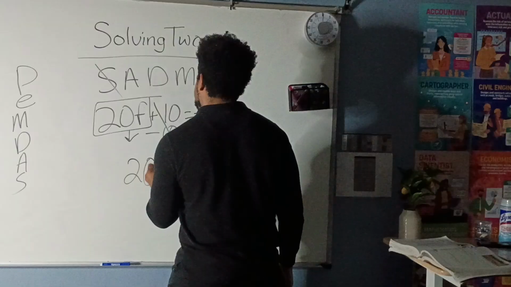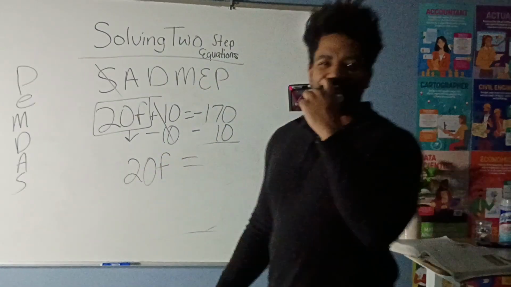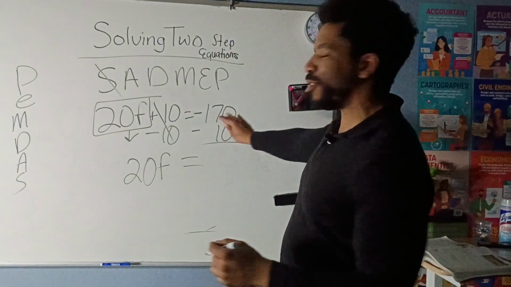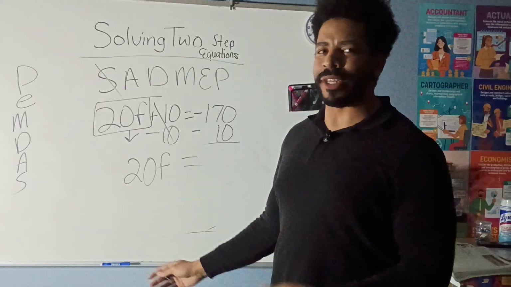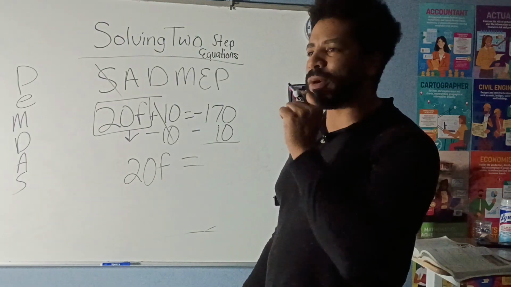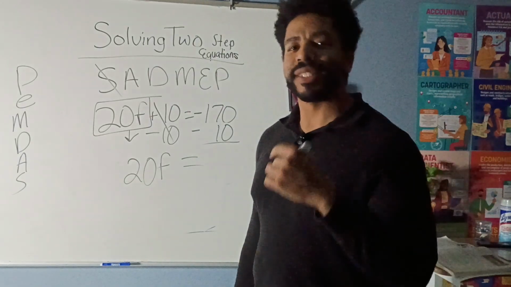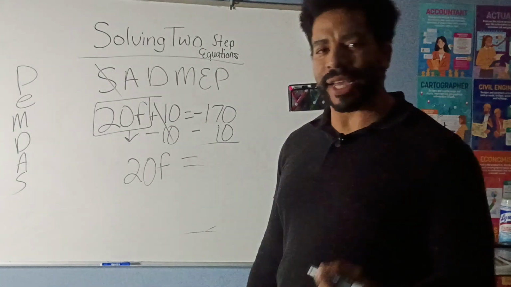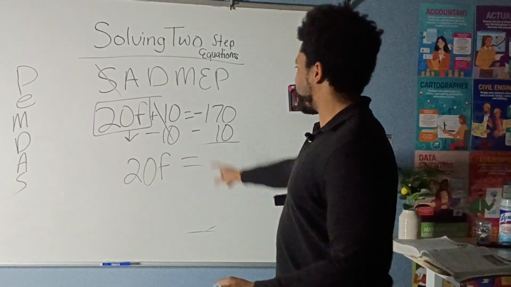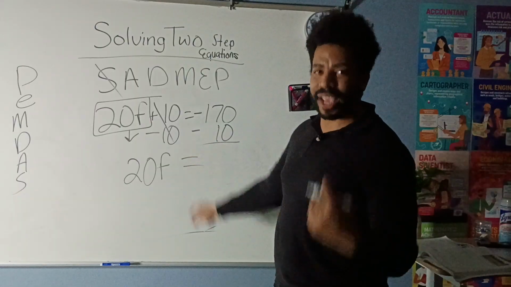You have 20f is equal to, now I didn't get to explain what's about to happen right here. Maybe you have some prior knowledge on integers, but let me give you a phrase that we'll be working with. Same signs add, different signs subtract. If you look at the sign here and here, they're both the same.